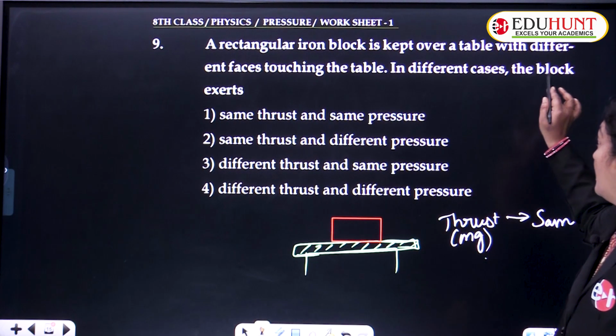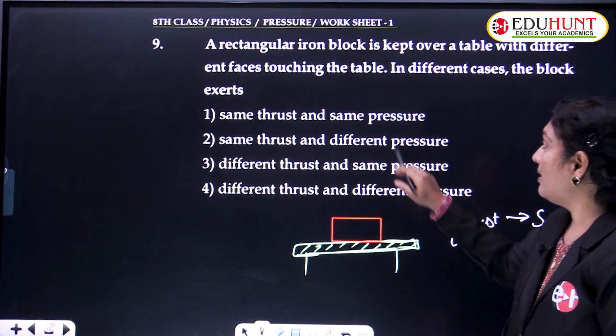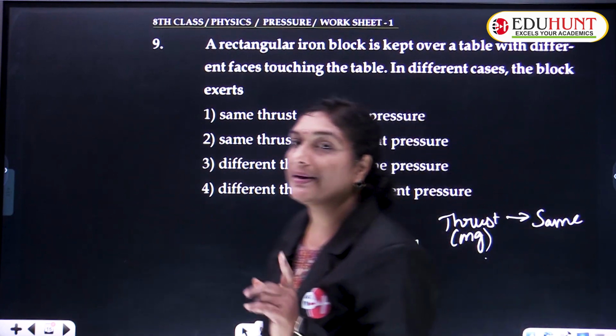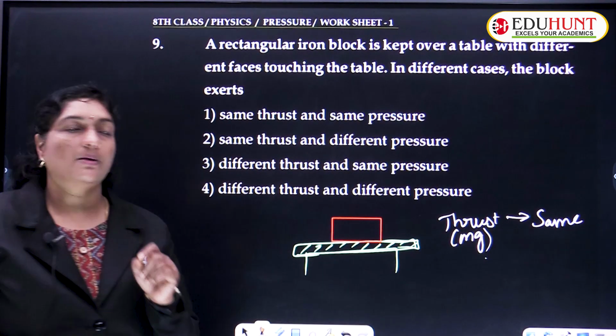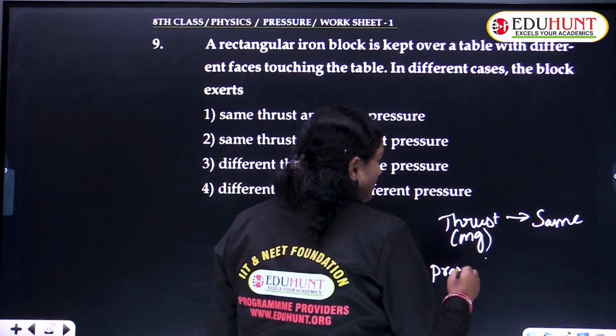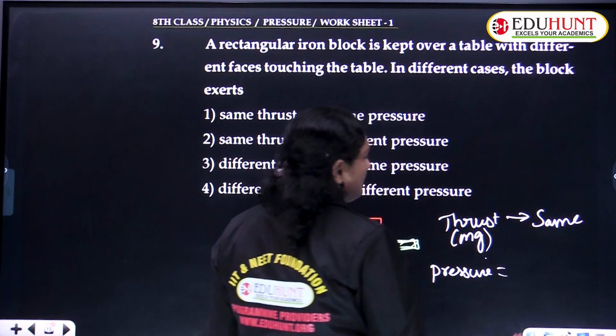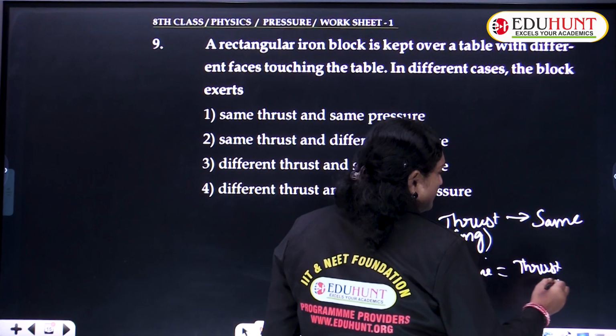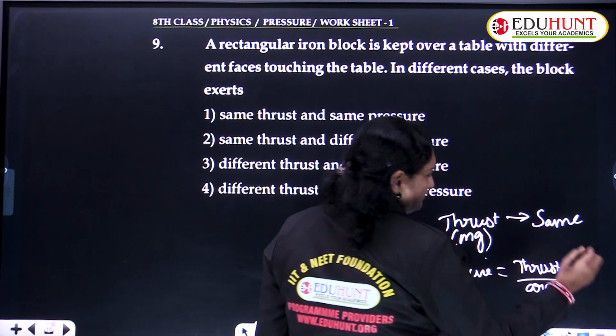Whereas the same thing, if you talk about pressure, what do you mean by pressure, children? Pressure is defined as force upon area. So pressure is equal to force upon area, or in other words you can also say thrust upon area.